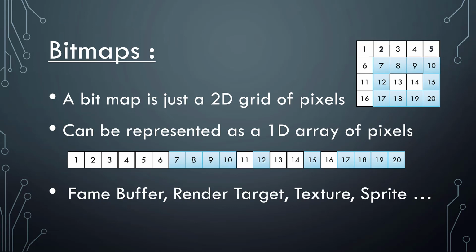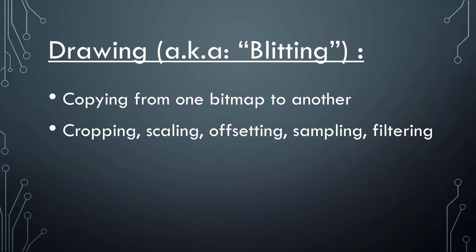Okay, so a frame buffer, or sometimes called a render target, is the thing that you typically end up displaying on screen in a window, and textures or sometimes sprites are used to talk about some content that you're reading from a file or moving around in memory before it is displayed on screen.